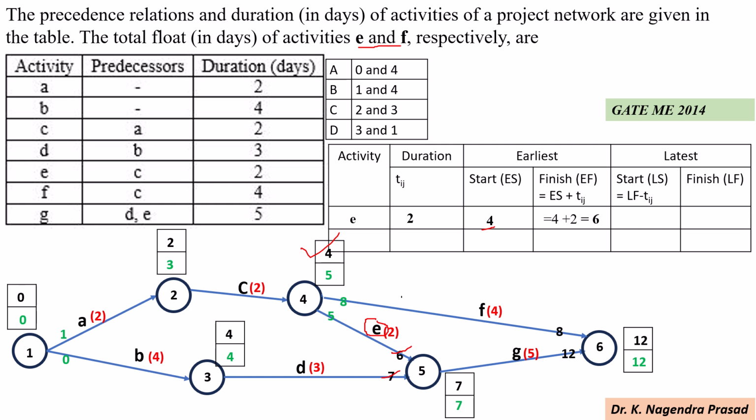And for activity E, the latest finish time is 7, and the latest start time will be the latest finish time minus time duration, that is 7 minus 2 equal to 5.